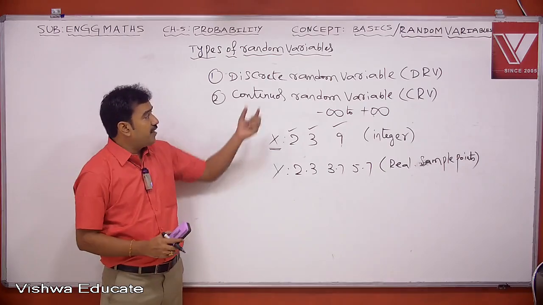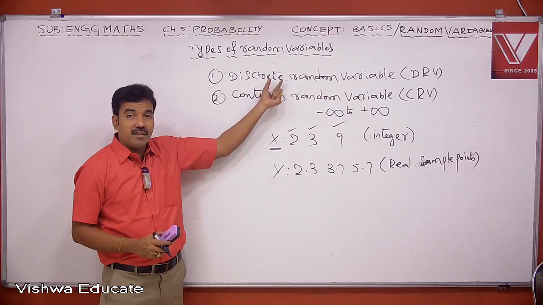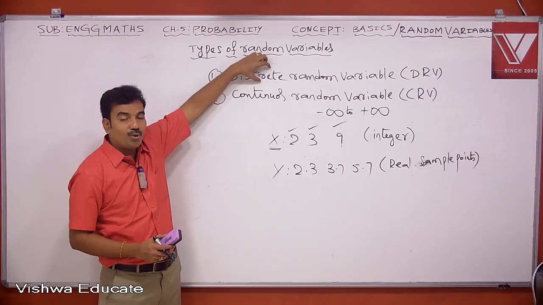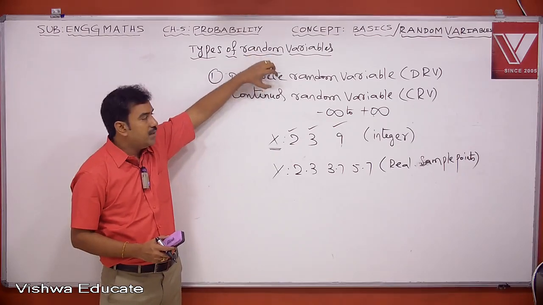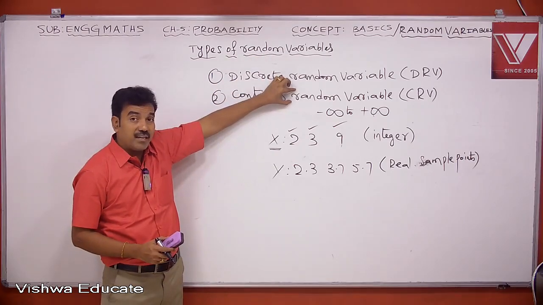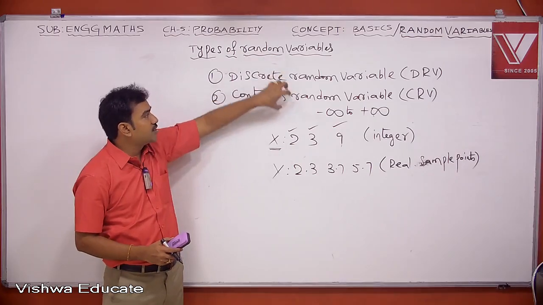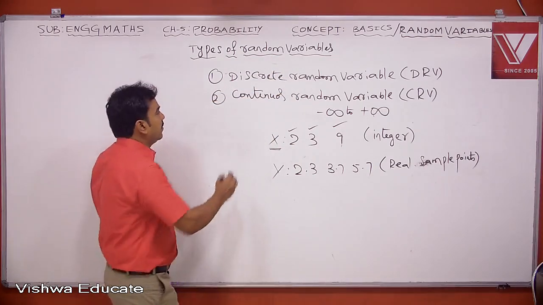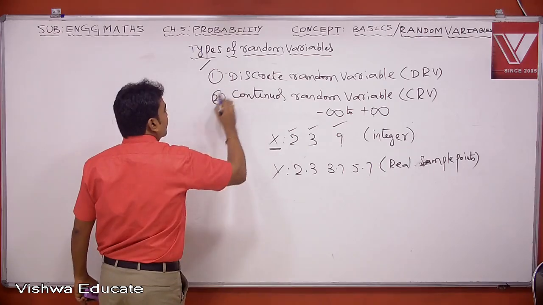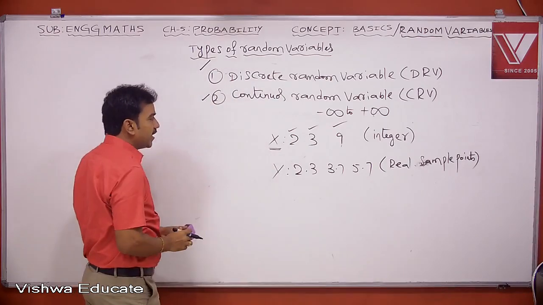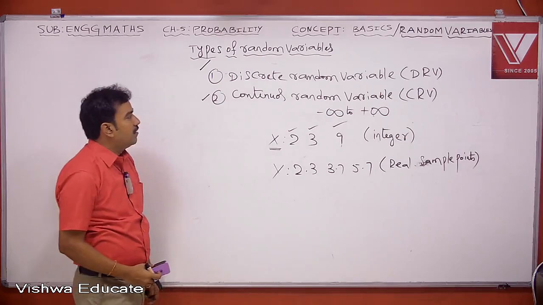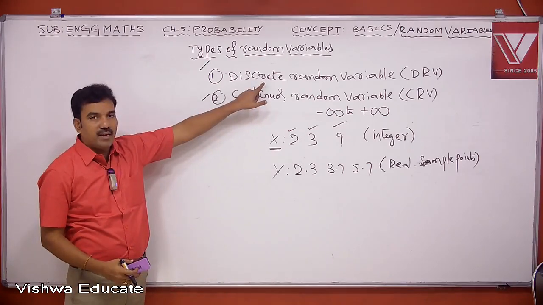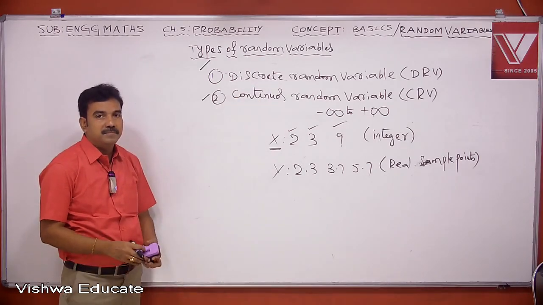If a random variable x takes finitely many sample points, then this is called a discrete random variable. If a random variable takes infinitely many sample points, then this is called a continuous random variable. Okay. So first you write this: discrete random variable, DRV.